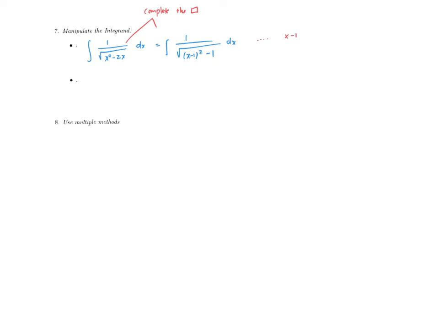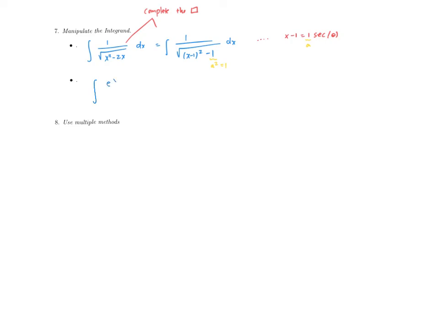We would let x minus 1 be equal to 1 secant theta, where the 1 is the a value, where 1 is a squared. So once again, the experience we get from practicing suggested problems, working through the class notes and worksheets, is extremely valuable for future problems.